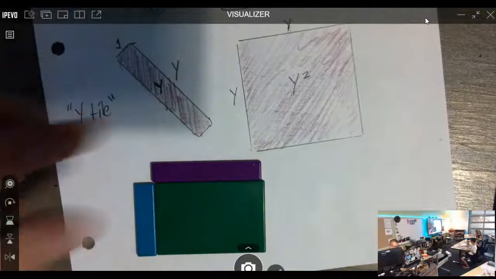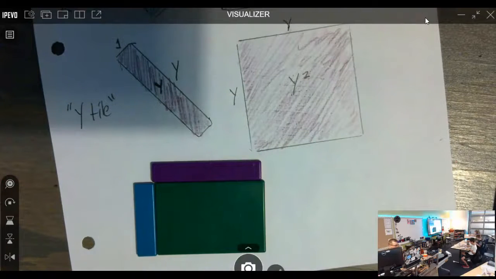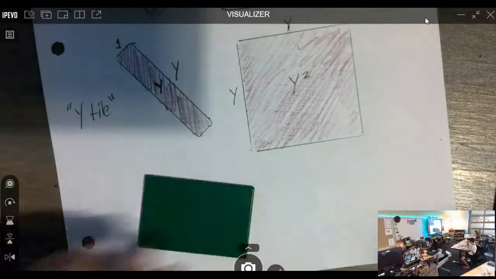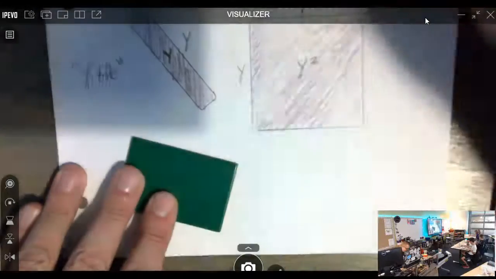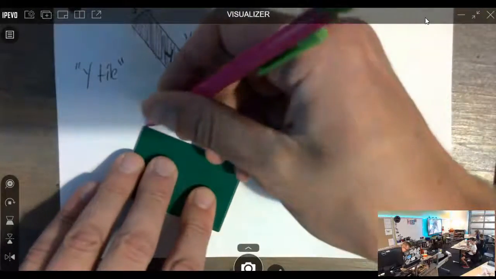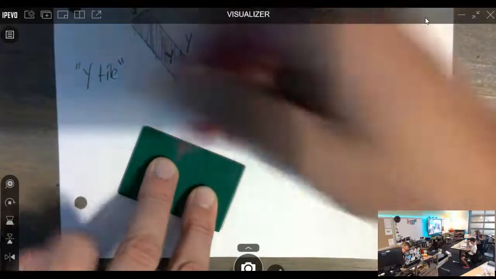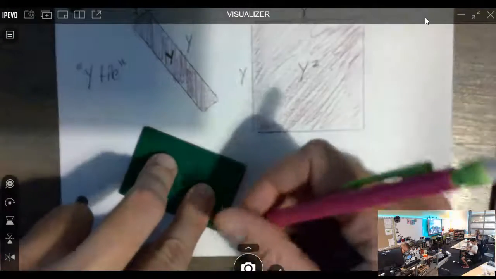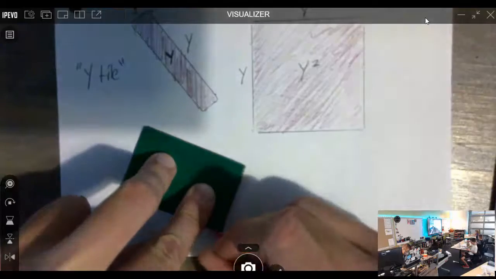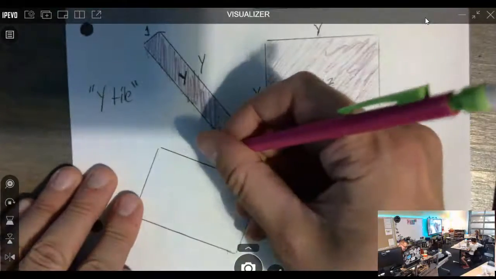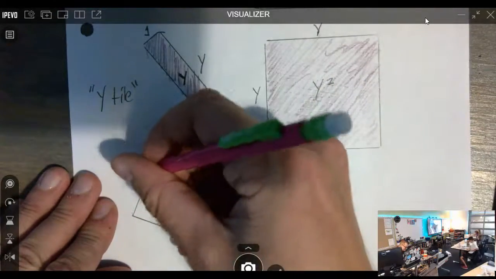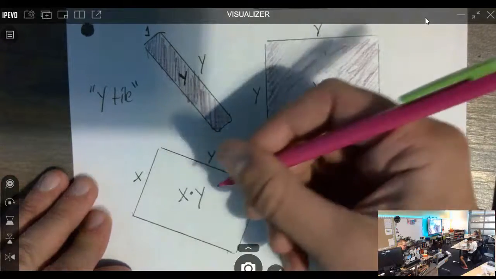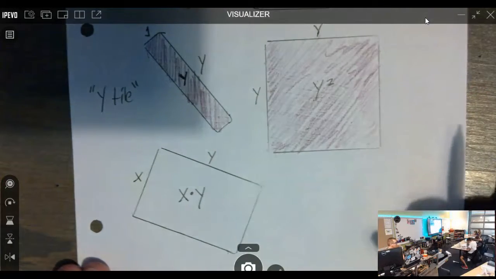What was the purple length? Well, because I asked you. So this must be xy. So this is y, this is x, meaning this tile is x times y. But guys, I heard a couple of you say it's xy squared.